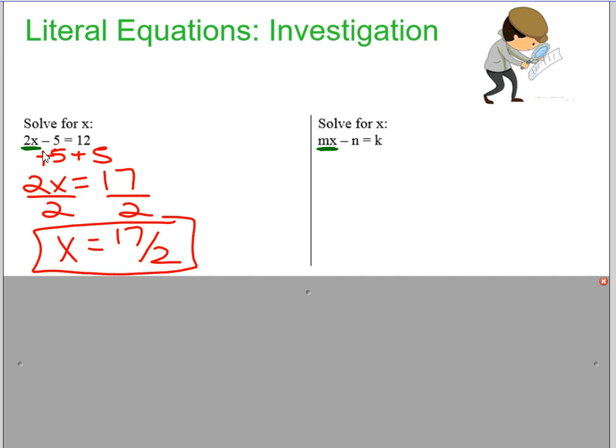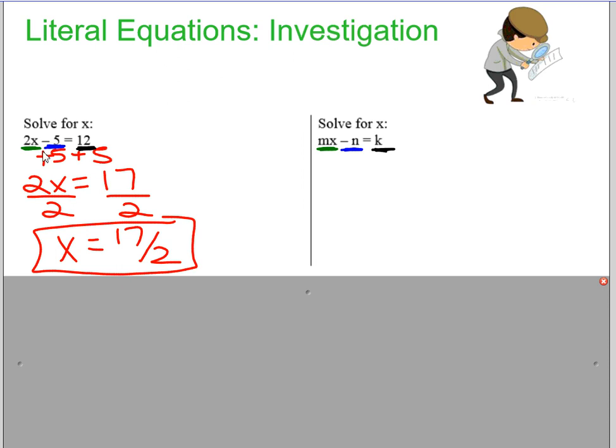In the equation on the left, we have minus 5. In the equation on the right, we have minus n. Now remember, as a reminder, variables are just numbers, right? So n just stands for a number. You're just subtracting a number. And then on the left, we have equals 12. On the right, we have equals k, where again, k is just a number.